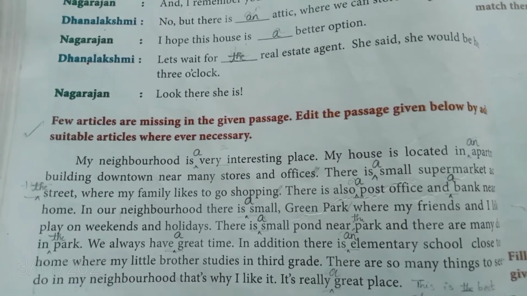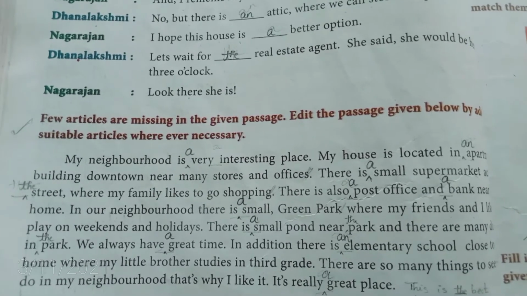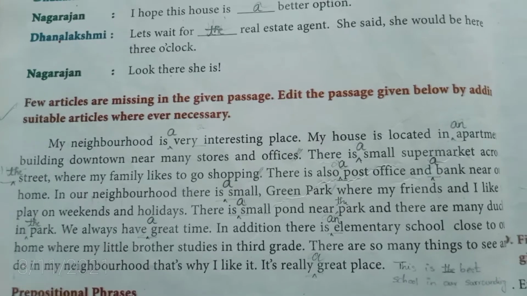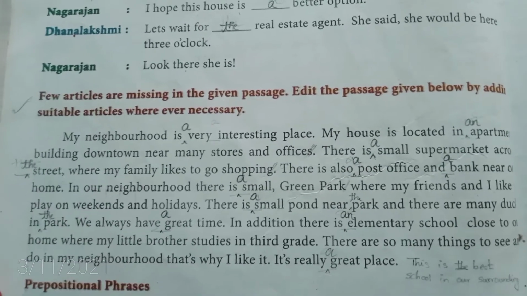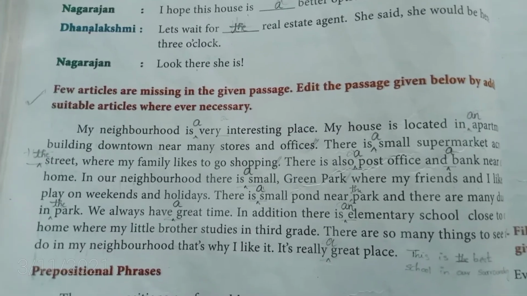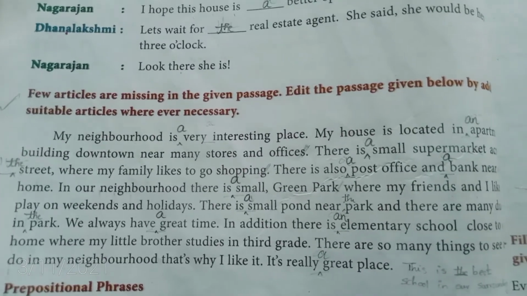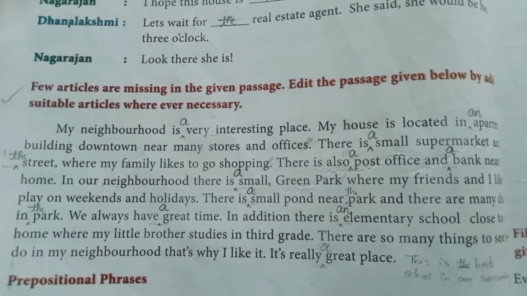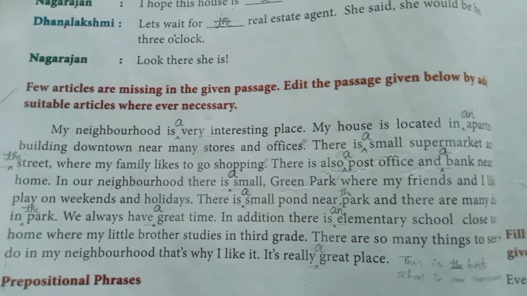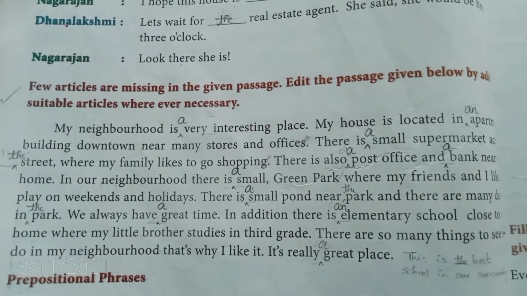There is a small pond near the park and there are many ducks in the park. We always have a great time. In addition, there is an elementary school close to our home where my little brother studies in 3rd grade. There are so many things to do in my neighborhood. That's why I like it. It's really a great place.